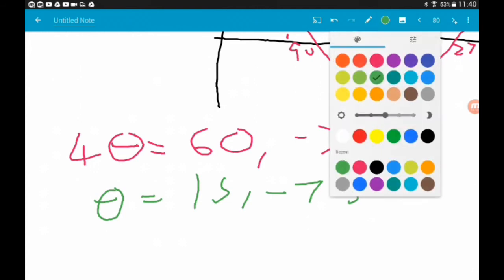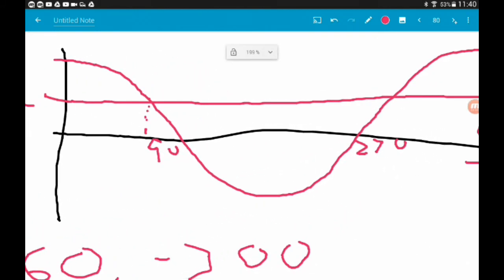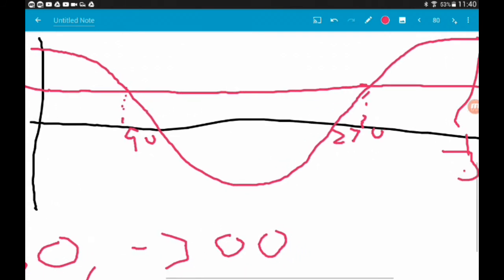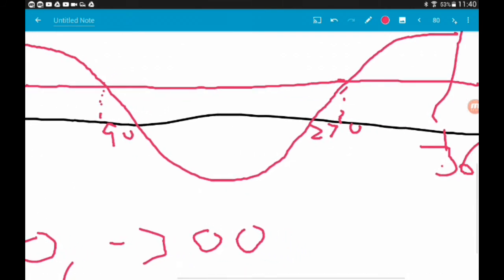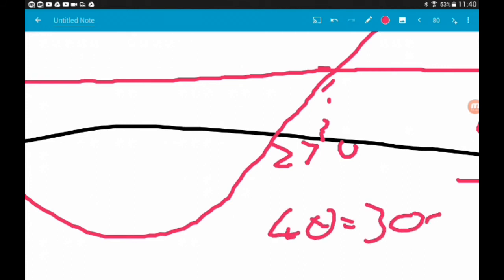So now we need to find this other point up here where the curve hits 1/2. So this is going to be at 360 minus 60. Well, that is where it's going to be. So this is going to be at 4 theta equals 300.